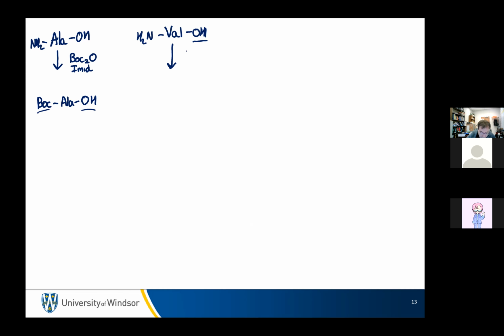So we just saw that you use base and benzyl bromide, and we'll get NH2, valine, CO2Bn. Okay, and then you can couple these two together, right?